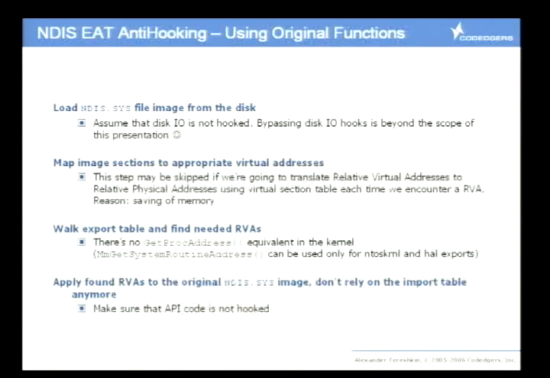Then we just walk its export table to find all needed relative virtual addresses and apply found RVAs to the original NDIS image. And then the rootkit may call functions directed by a pointer and not relying on any import table anymore, because the import table is hooked.